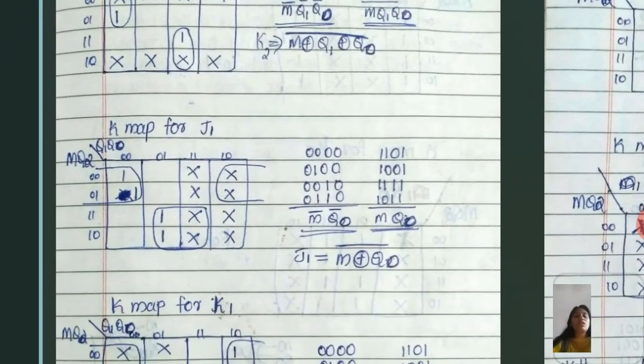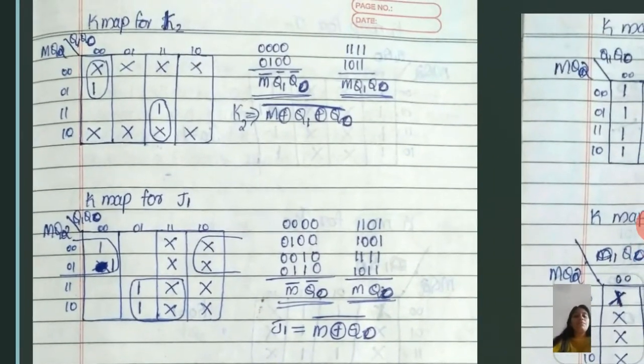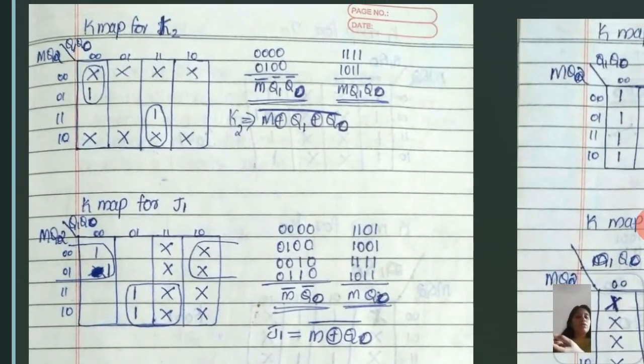Okay, moving on to J1, you have to plot the one values and don't care values for J1. All the 16 cases should be considered and plotted, all the ones and don't cares in a K-map. As I said before, you are getting a group like this.